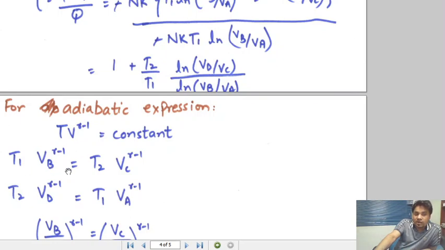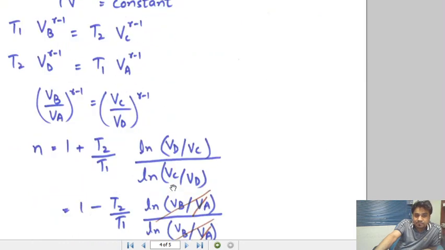So for B to C, you will have T1 VB power gamma minus 1 is equal to T2 VC power gamma minus 1. And similarly for D to A, you will have T2 VD power gamma minus 1 equal to T1 VA power gamma minus 1.